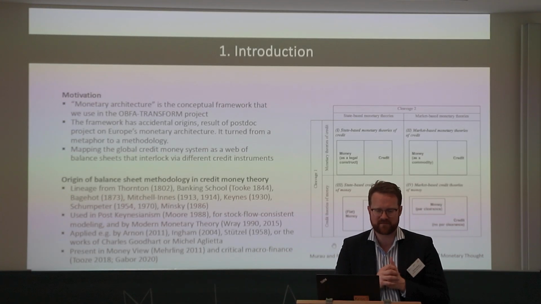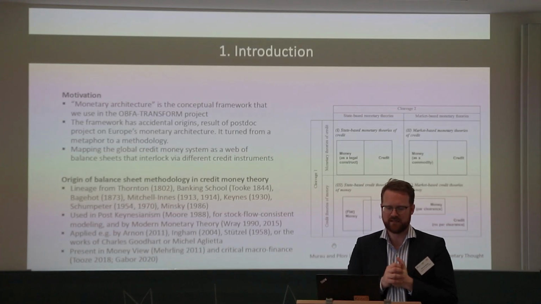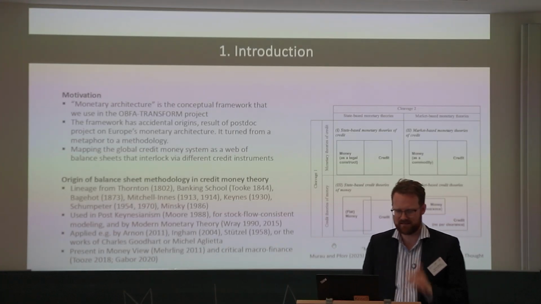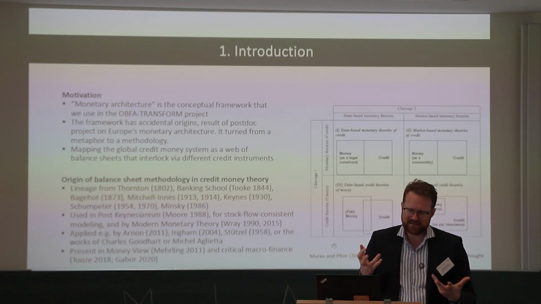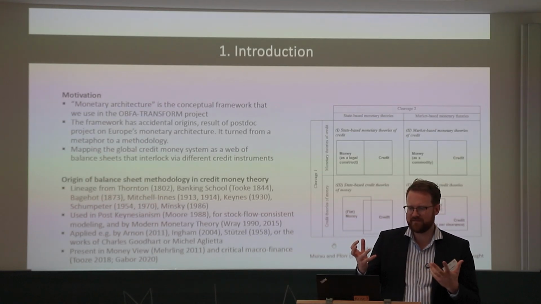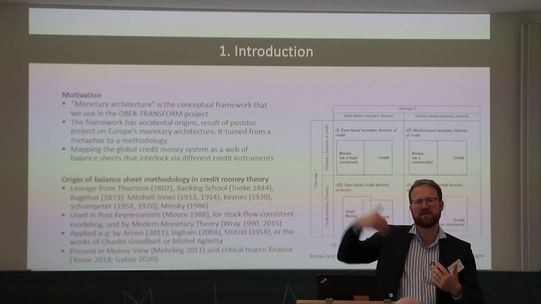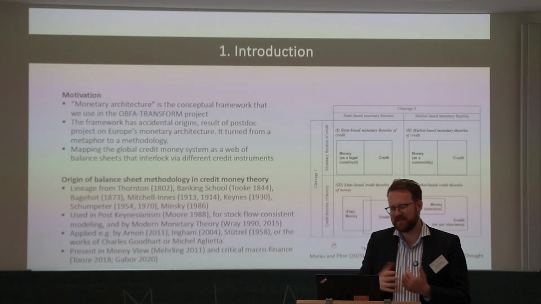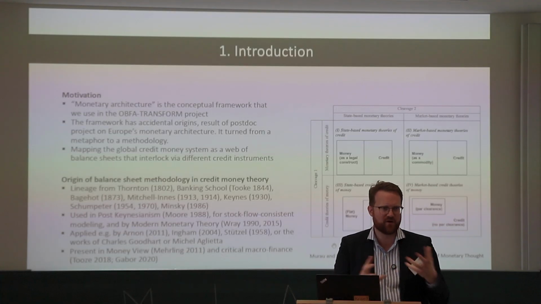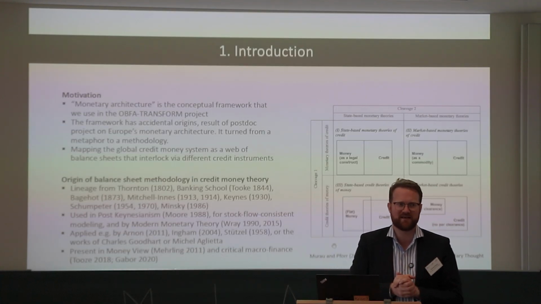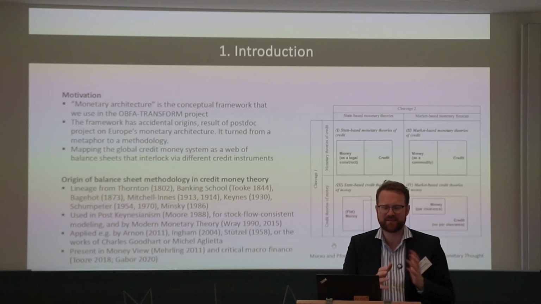This is a distinction that comes from Schumpeter in his History of Economic Analysis, 1954, who says there are theories that say first you have money and you build credit logically on top of it. The other approach says that somehow logically credit precedes money.